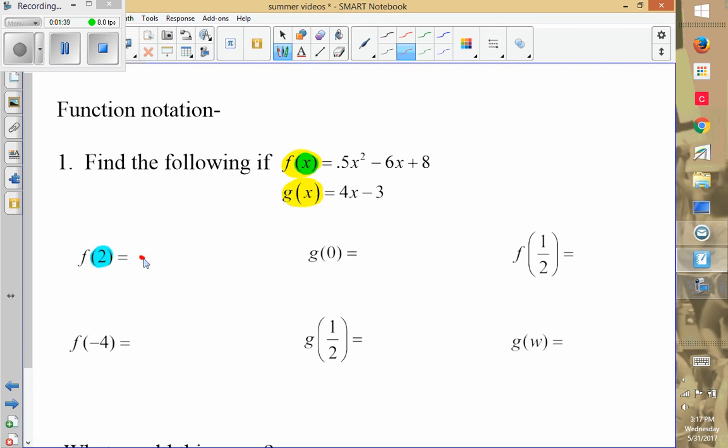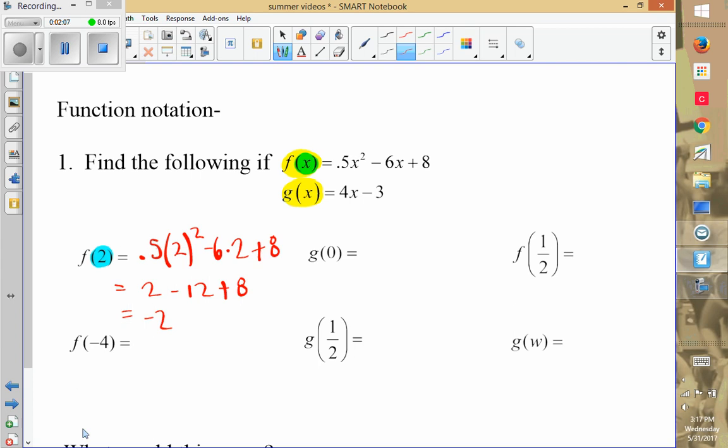It's another way of saying plug in x and find out the y. So I have 0.5 times 2 squared minus 6 times 2 plus 8. And you're essentially finding the y value. 1/2 times 4 is 2 minus 12 plus 8. We're going to get negative 2. So you're just finding the y value for that particular x.